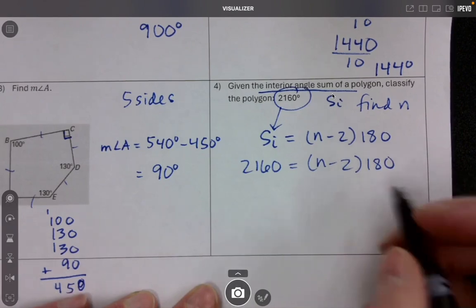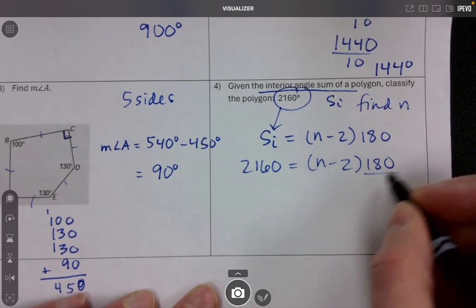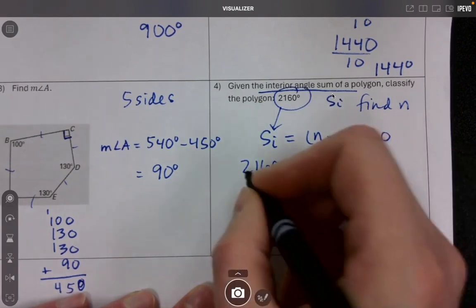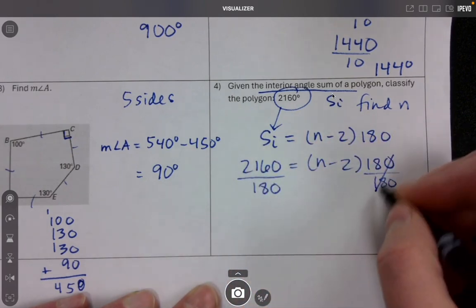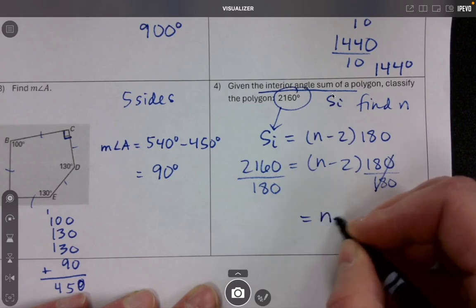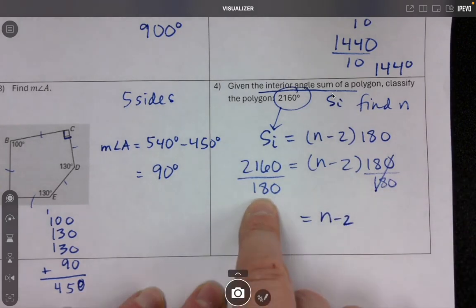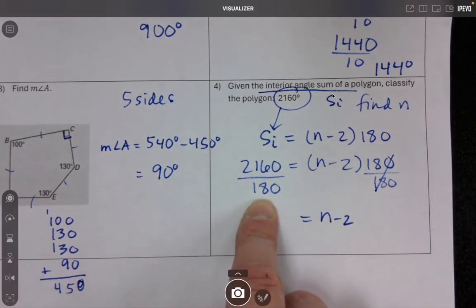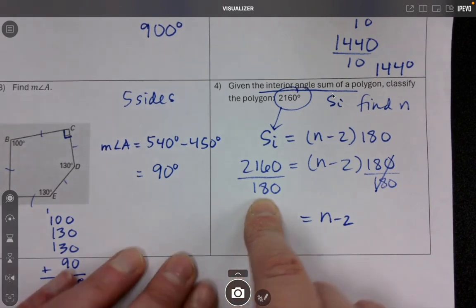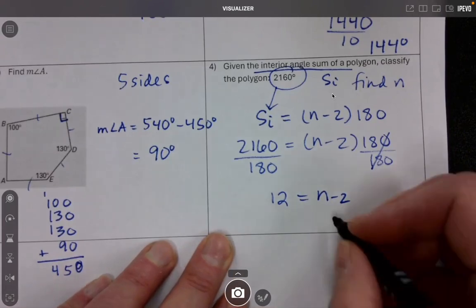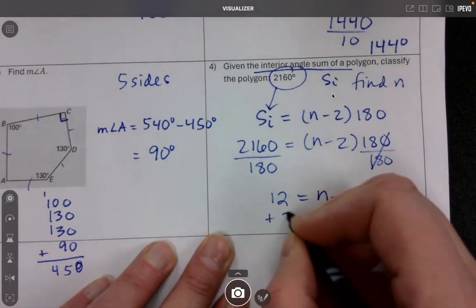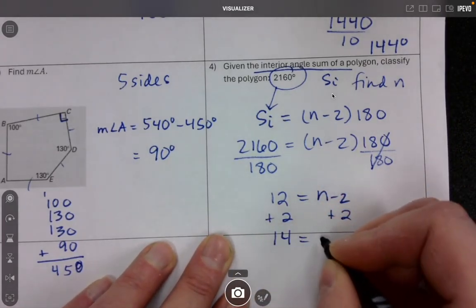So my first step, I could distribute, but if I divide the 180 out right away, it's going to make this formula a little bit easier to work with. So that would make just a 1 here. I'm left with n minus 2. And then on the other side, it's going to make a much smaller number. So when I divide that out, I get 12. So that means I need to still add 2 on both sides. And then 14 is equal to n.